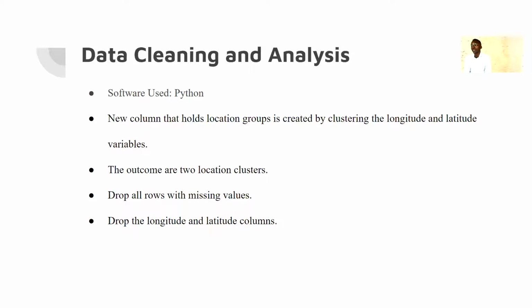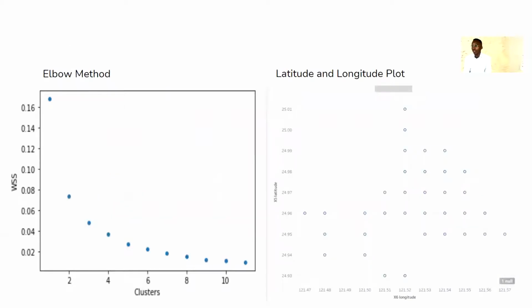So from that we extracted 2 location clusters and created a new column called location cluster. Each house either belongs to the first cluster or the second cluster. After that, we dropped the longitude and latitude columns, and then we dropped all missing value rows. That's the data cleaning process.